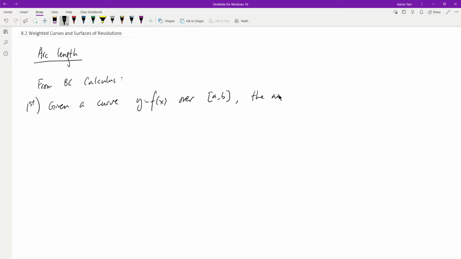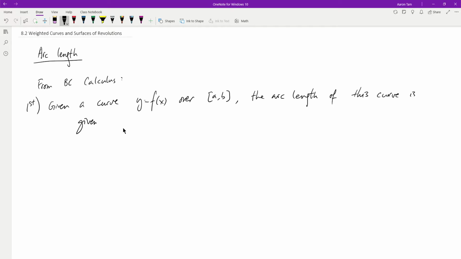the arc length. The term arc length basically just means length, how long a curve is. The word arc added in front indicates that it's not a straight line, so you try to follow along a curve. That's the reason why it's called arc length. The arc length of this curve is given by this integral.